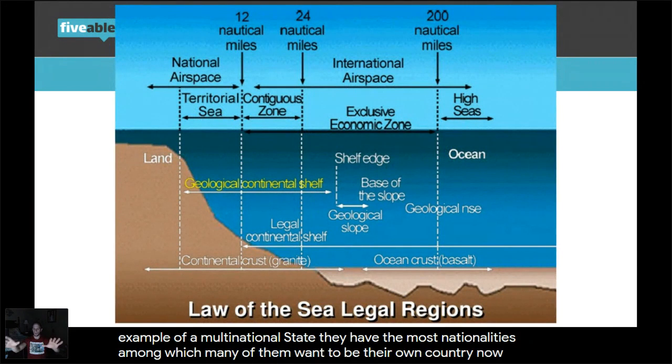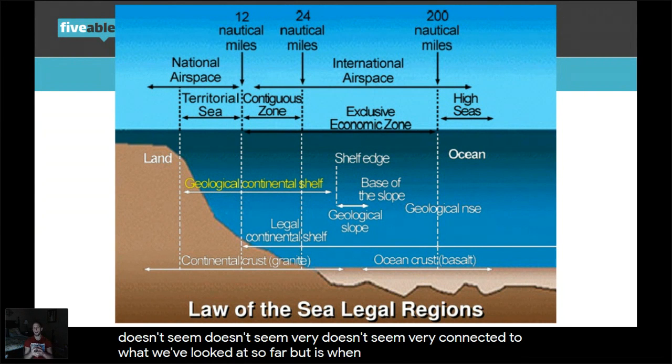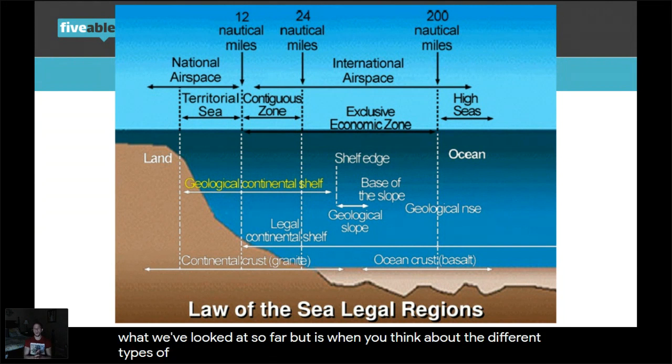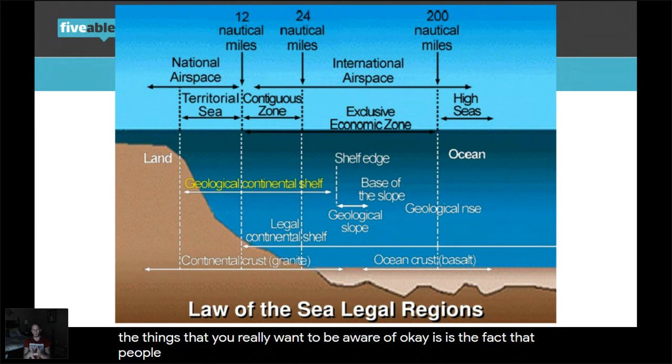Now, it doesn't seem very connected to what we looked at so far, but it is when you think about the different types of boundaries. And so today in the world of globalization, one of the things that you really want to be aware of, okay, is the fact that the countries want to control the territory on the outside of their actual land borders as well.